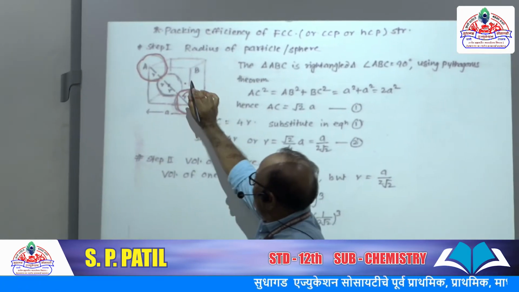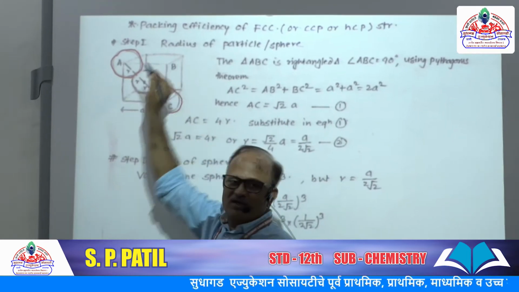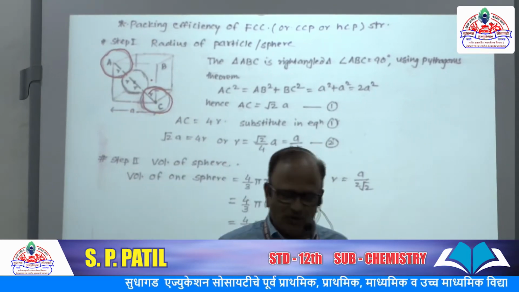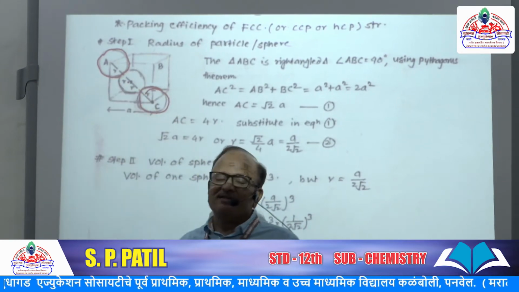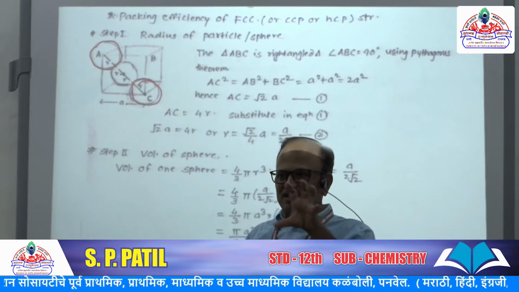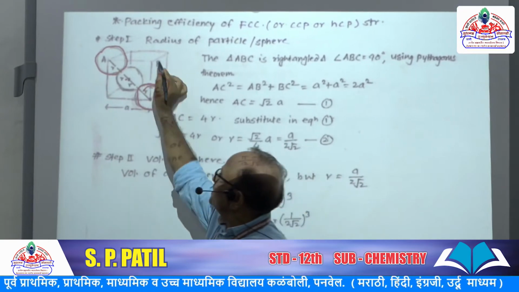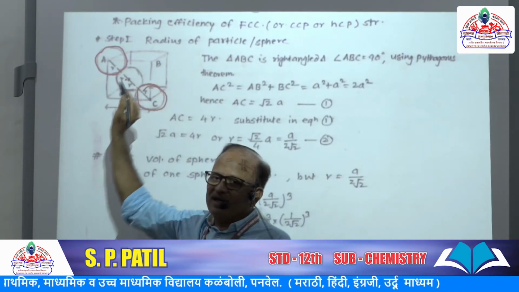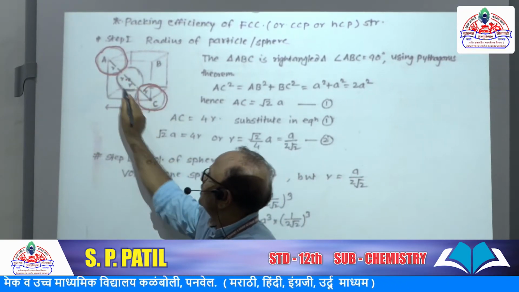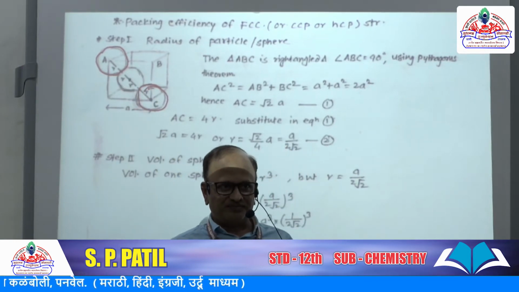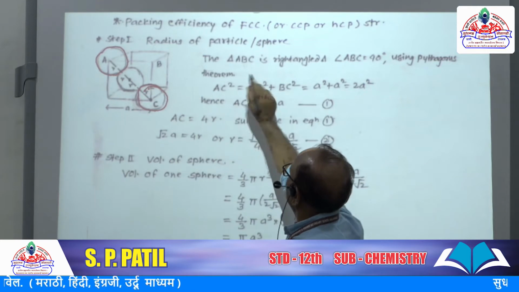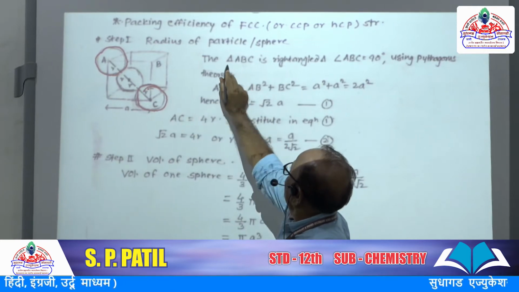So there are total 6 faces for this cube, and each face has a sphere in its center. Here for our convenience we have shown this one sphere at the center of the face. Now let us see, consider the triangle ABC.